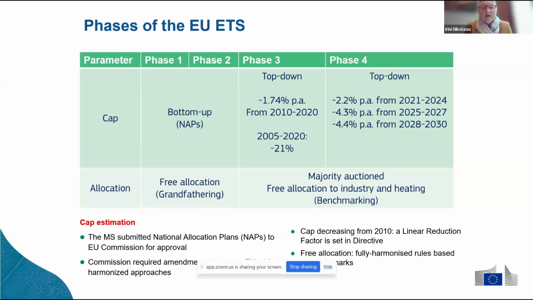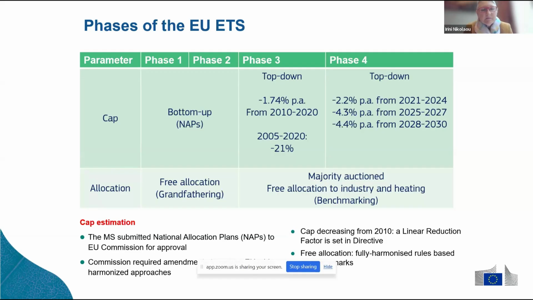They said we haven't reached the peak, we are still developing, our responsibilities are not so high, etc. So you can understand that there was a mixture of data, assumptions, modeling, projections, and a lot of political discussion. Then the cap was set when each national allocation plan was approved by a Commission decision.